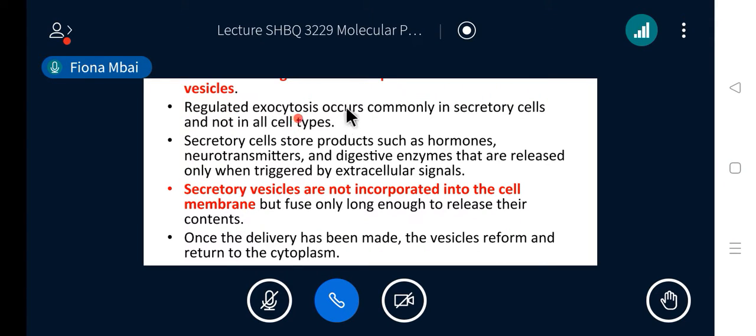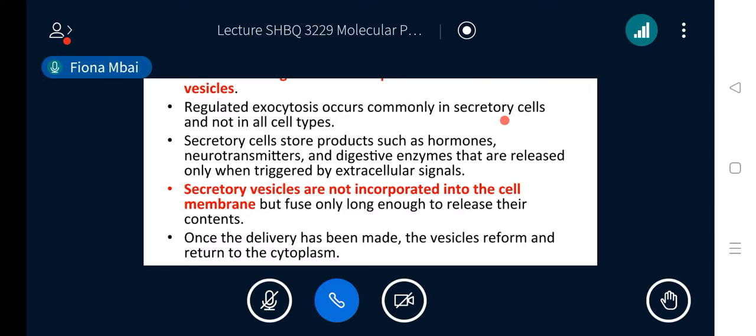So regulated exocytosis will occur commonly in secretory cells. I've given you the pancreatic beta cells. You can also have the thyroid cells. You can also have the pituitary cells, which release protein hormones. So there are a whole variety of cells in the human body which release proteins into circulation.